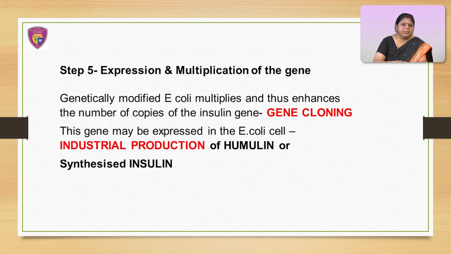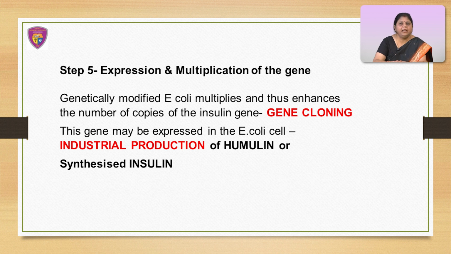Step 5 is the expression of the introduced gene in the host. Now, genetically modified E. coli will multiply and thus enhance the number of copies of insulin gene. But this gene has to be expressed in the E. coli cell. For this, insulin gene has to be incorporated with the promoter and operator gene which can express it in the E. coli.